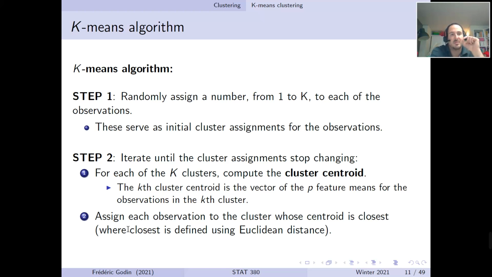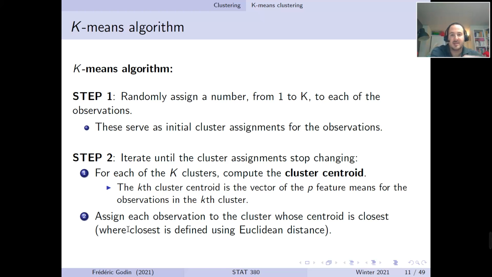You compute the distance between that data point and the centroid of each cluster, and then you assign that data point to the cluster whose centroid's distance is the smallest. So if data point 1 is closer to the centroid of cluster 1 than to the centroid of all other clusters, then you assign this observation to cluster 1. And you do that for all observations until all of them are reassigned to the clusters.